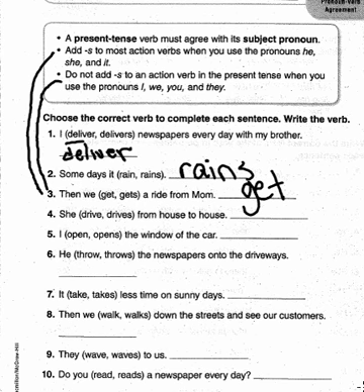Here's what we're going to do now. You're going to do questions number 4, 5, 6. But here's the other thing. You're going to circle the subject pronoun, and you're going to write the verb that goes with it. So on number 4, you're going to circle the subject pronoun. We know the subject pronoun is she.